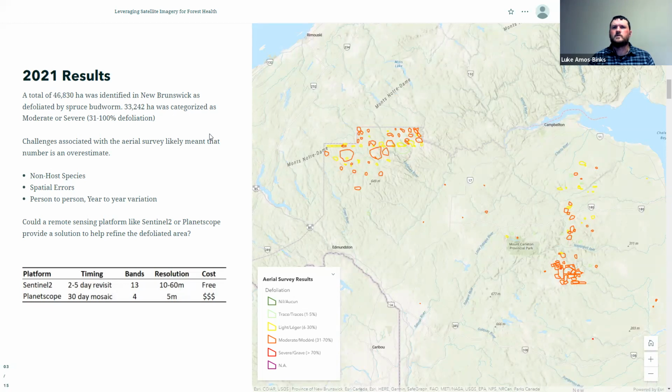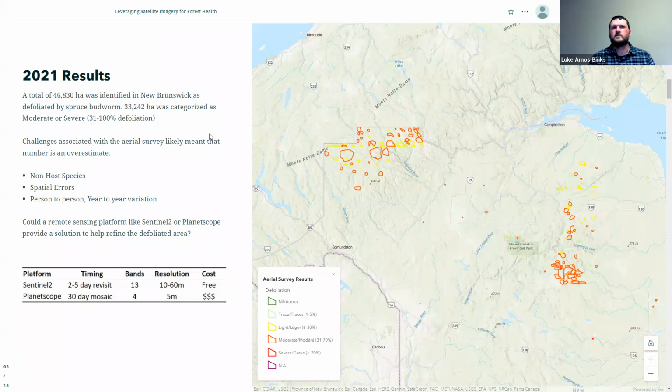This was really concerning to a lot of people because we hadn't seen such high defoliation in the province since the last outbreak. We were probably seeing about 2,500 hectares in some of the bigger years more recently. So we wondered if challenges associated with the aerial survey likely meant that number was actually an overestimate.